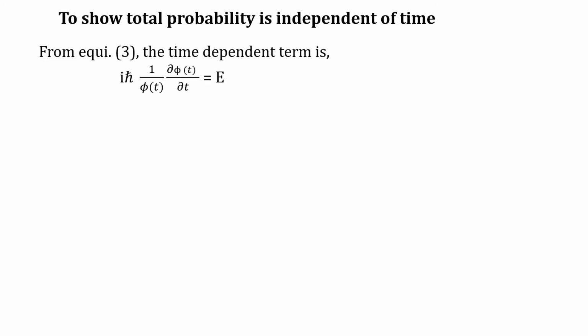In this case, the equation is i h cross into 1 upon phi of t into delta phi of t by delta t equal to E. We simplify the left and right sides by taking delta t to the other side, and i h cross goes to the denominator on the other side. The equation becomes 1 upon phi of t into d phi of t on one side, equal to E divided by i h cross into dt.